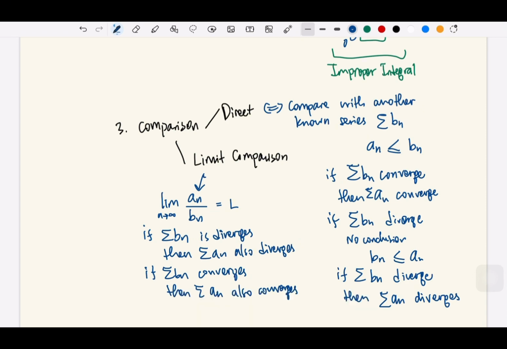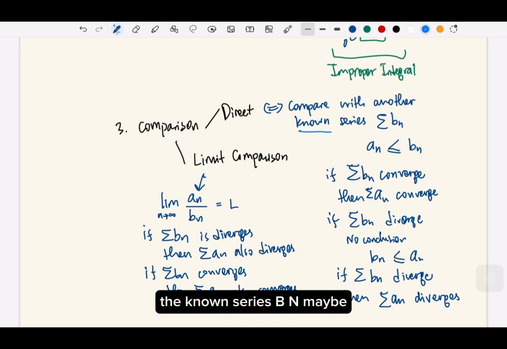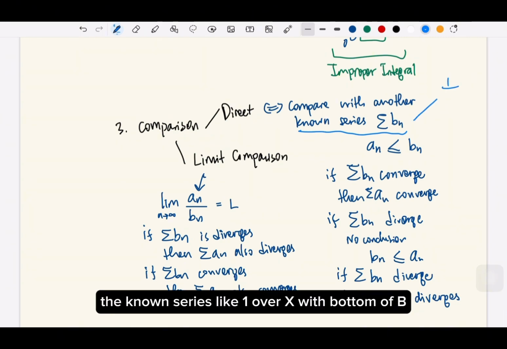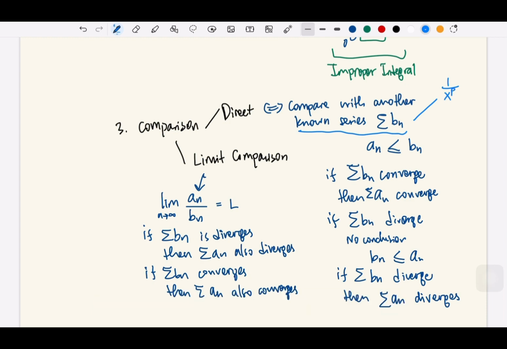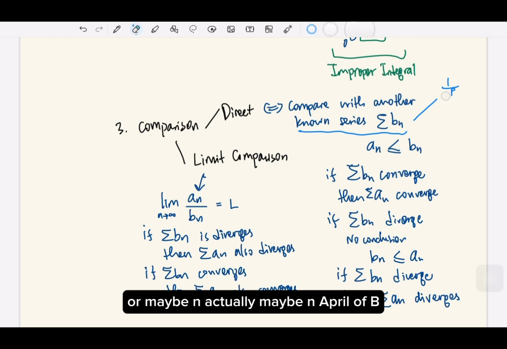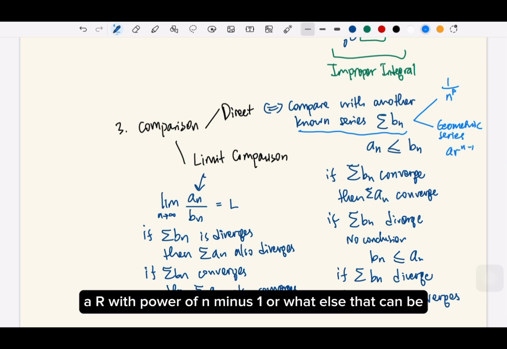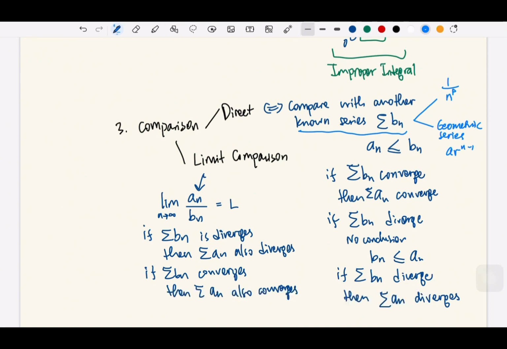For example, this one here, the known series Bn, maybe the known series like 1 over n with power of p, or geometric, a r with power of n minus 1, or what else that can be.